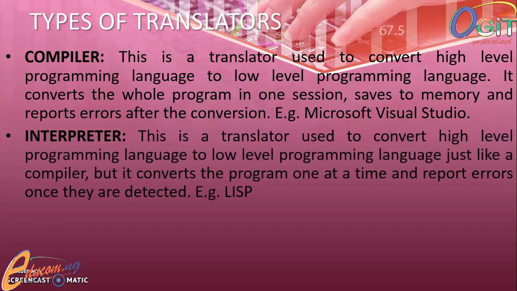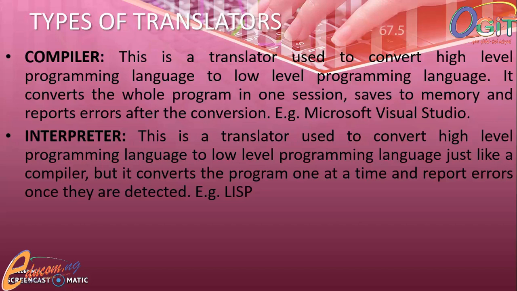Another one is the interpreter. Interpreter is a translator that is used to convert high-level programming language into machine language, just like a compiler. But as against the compiler, it converts the program one line at a time and reports errors once they are detected. Example is the Lisp.